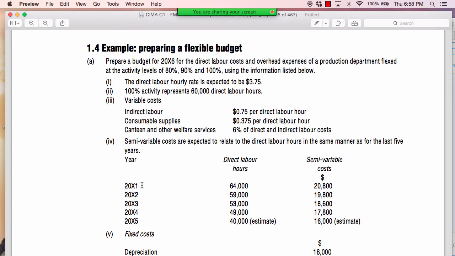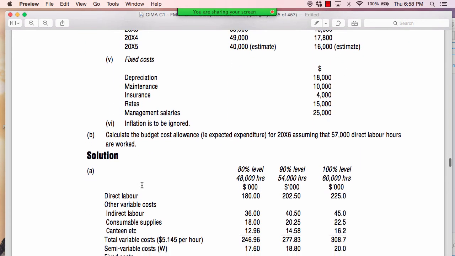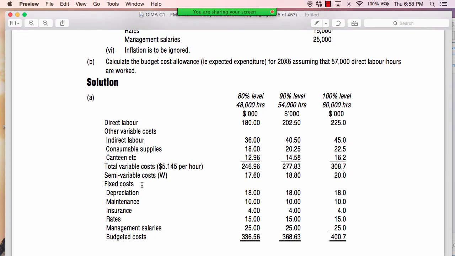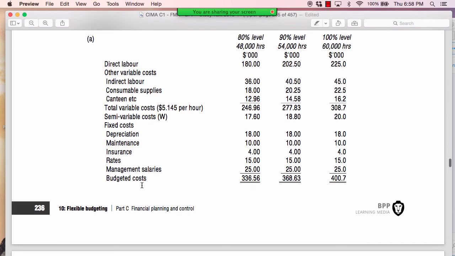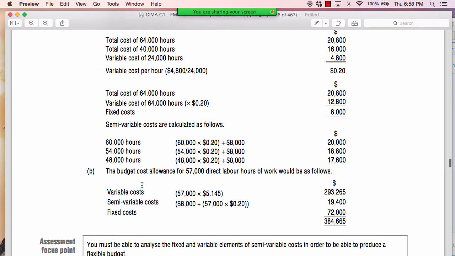Then they will give the activity levels, and then they will ask you, for X amount of activity, how will it work? Now, this is quite a lengthy sum. I will give you the question and the answer for this in order for you to understand how it will work, right? However, in your sums given at the exam, it won't be this lengthy, right? It will not be this lengthy. Okay, this is just for understanding purposes.